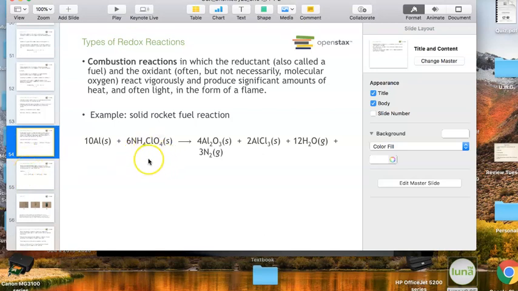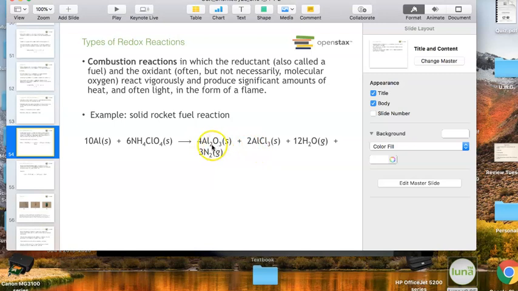And so if you look at the oxidation numbers, they're changing. For example, aluminum has an oxidation number of 0 because it's an uncombined element. And then here, in this compound, it splits apart into two different compounds, sorry.